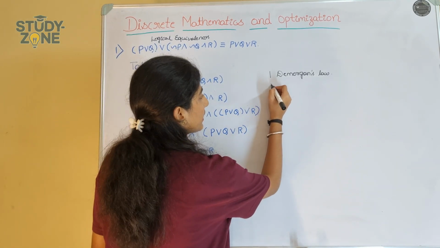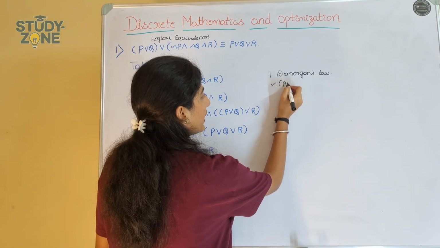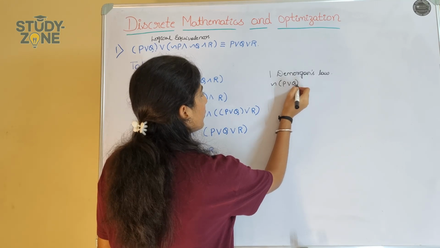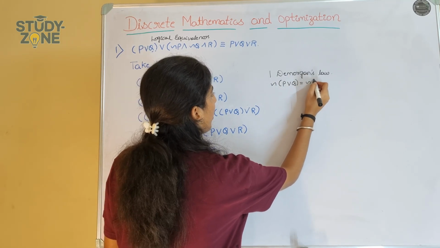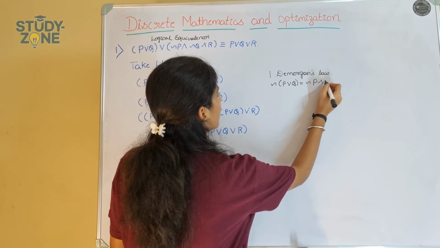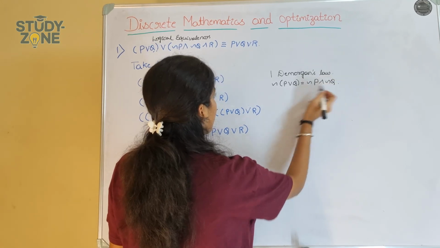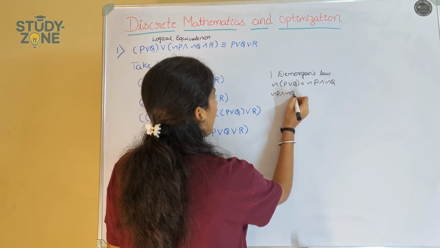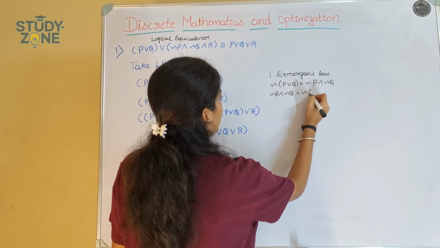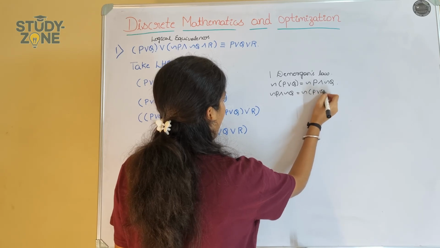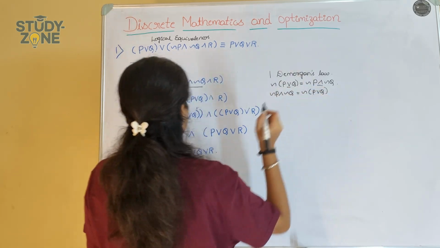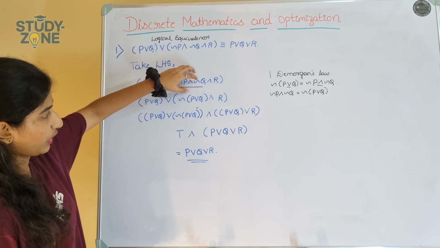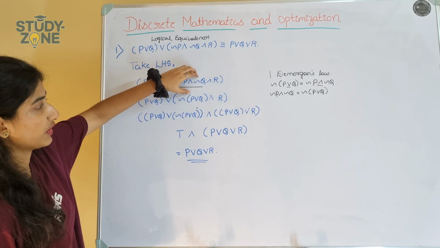It tells us that negation of (P or Q) equals negation of P and negation of Q. Correct. If we reverse it, negation of P and negation of Q equals negation of (P or Q). The symbol changes. Correct.